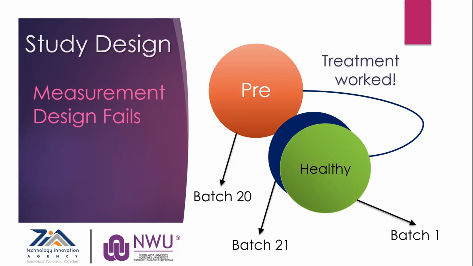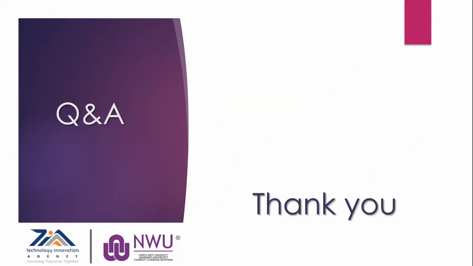This seems very obvious, but I've seen desperate times and I've seen people cling to straws, and then you end up with something that looks really promising, because yes, batch 20 and batch 1 differ a lot, and batch 21 and batch 1 may not differ a lot, but the results of such a design are completely invalid. Okay, so I think that's about what I wanted to cover.